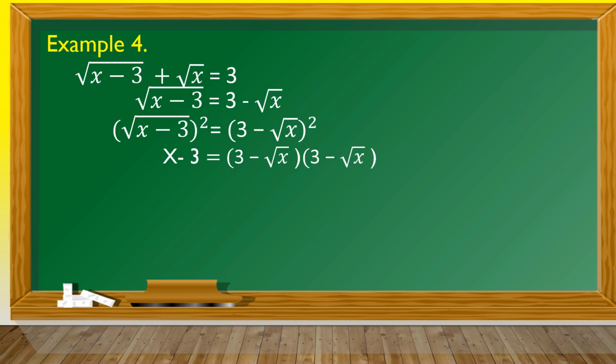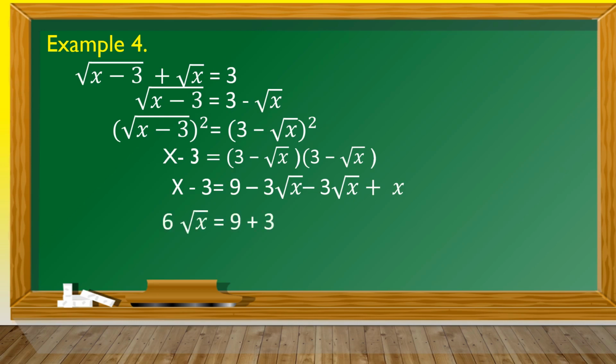We may apply FOIL method or the distributive property of multiplication. So it will become x minus 3 is equal to 9 minus 3 square root of x minus 3 square root of x plus x. This is by distributive property of multiplication.